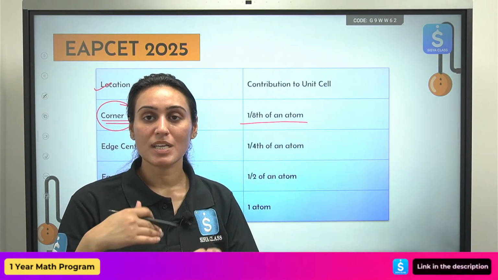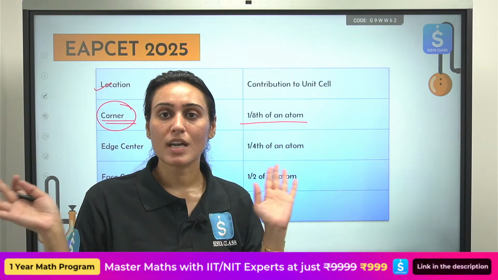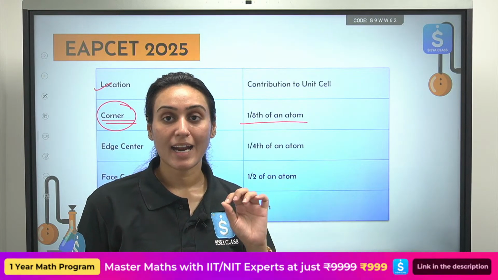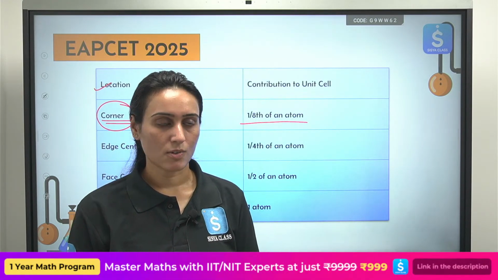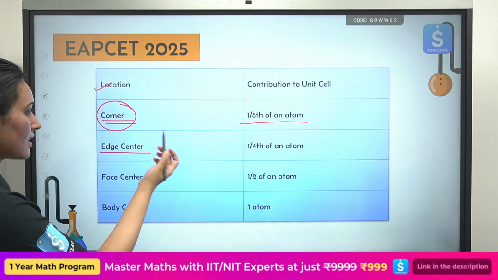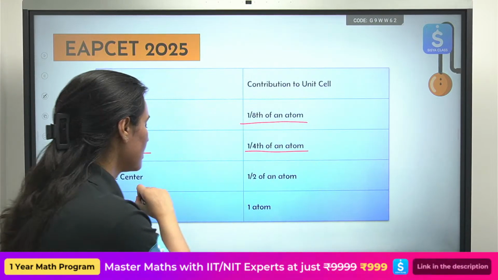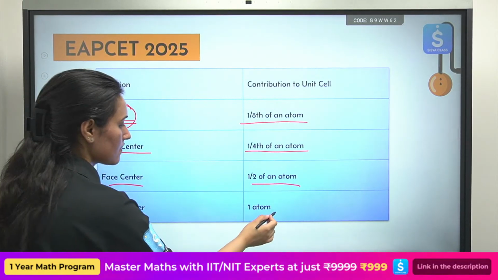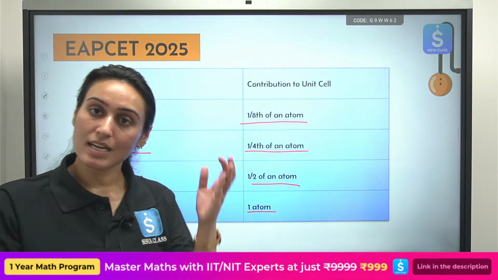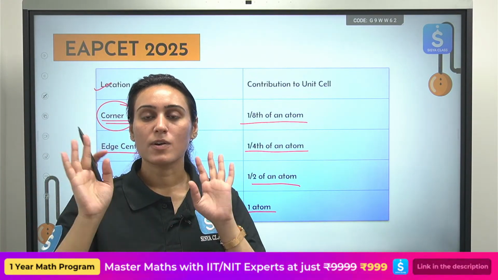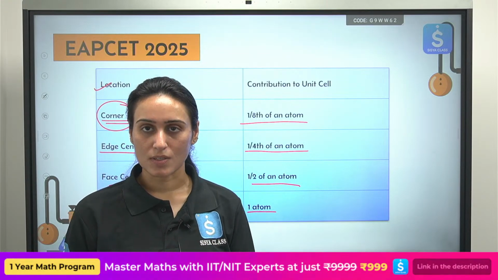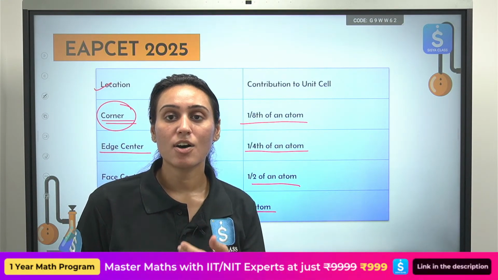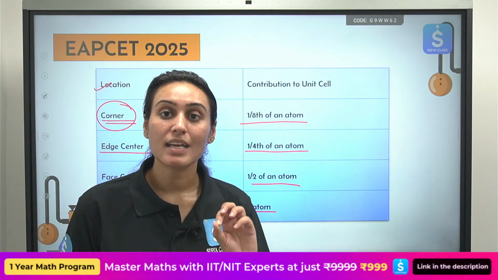Rest everything will be shared with the surrounding neighboring unit cells. Only 1/8 will be the contribution at the corner. Please remember that. Okay. What about edge center? 1/4 contribution. What about face center? Half. What about body center? The entire atom is present within the unit cell. It will contribute completely to your unit cell. Why are we learning so much about the contribution? Because you have to identify how many atoms are present per unit cell.